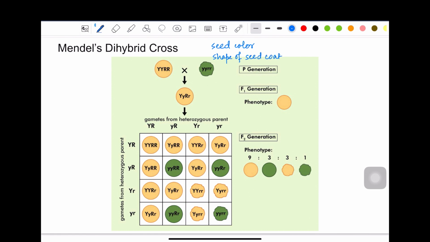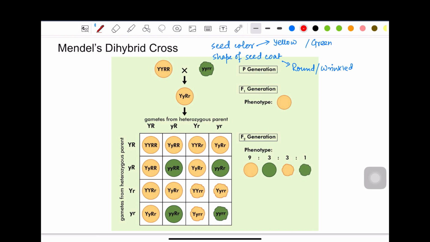Now these characters again had two different alleles. Seed color was either yellow or green, and the shape of the seed coat was round or wrinkled. Now the dominant character among these was known.